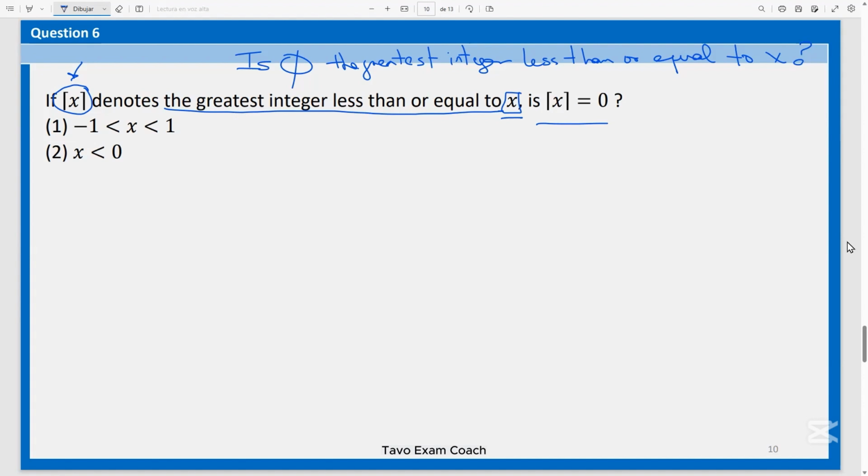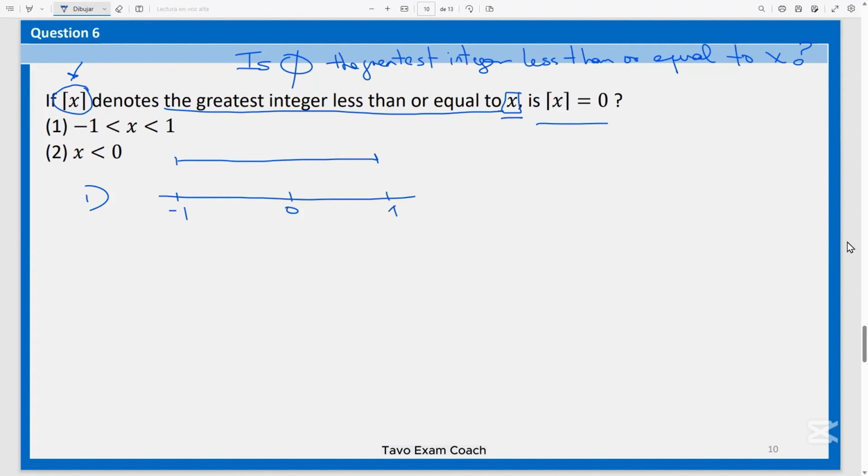Well, let's see one statement at a time. What the first statement says about the possible values of x is something that we can easily visualize on a number line. We have here the pivot values 0, 1, and -1. And that means that x might be any possible value in this range, without, of course, considering the ends of that interval.